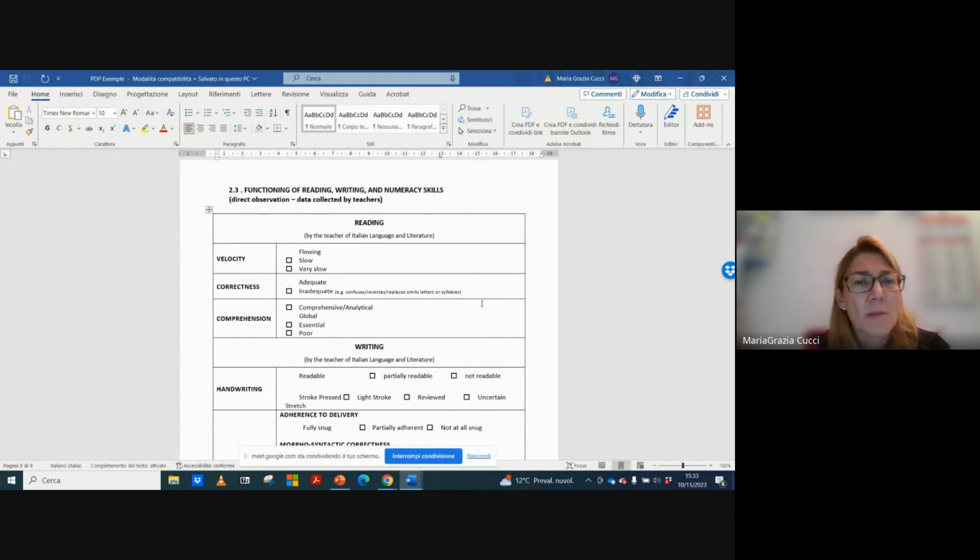Then, starting from the direct observation of the tutors, you can check this scheme on each of the skills that you use inside the school.